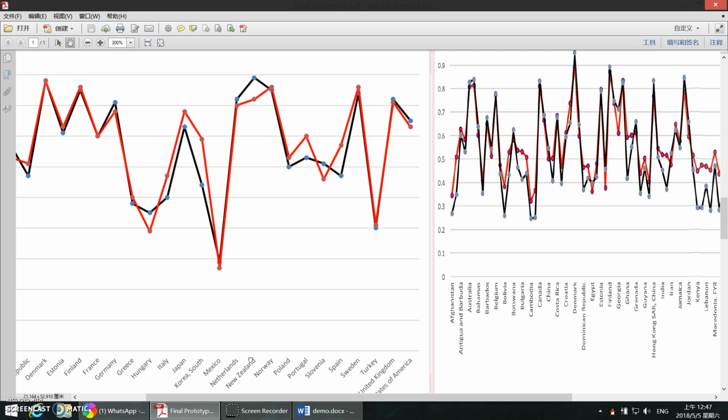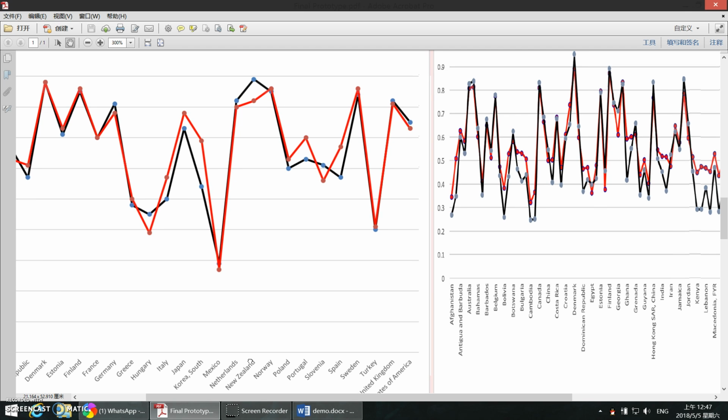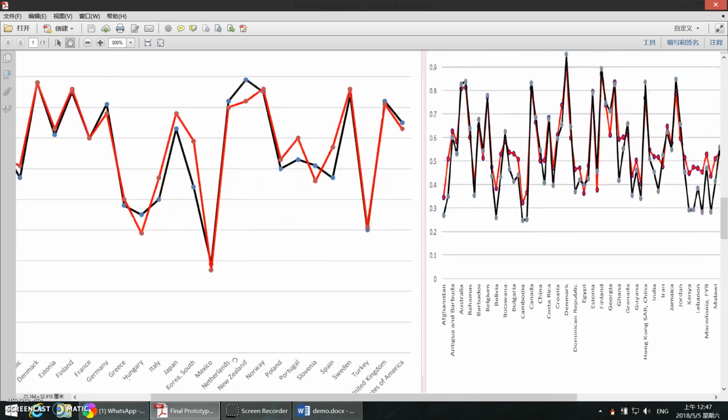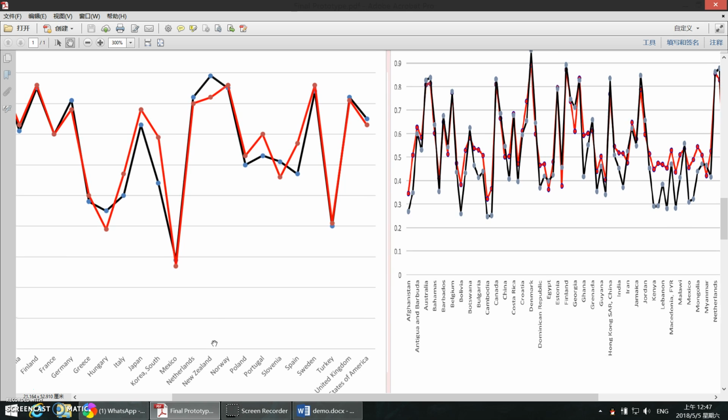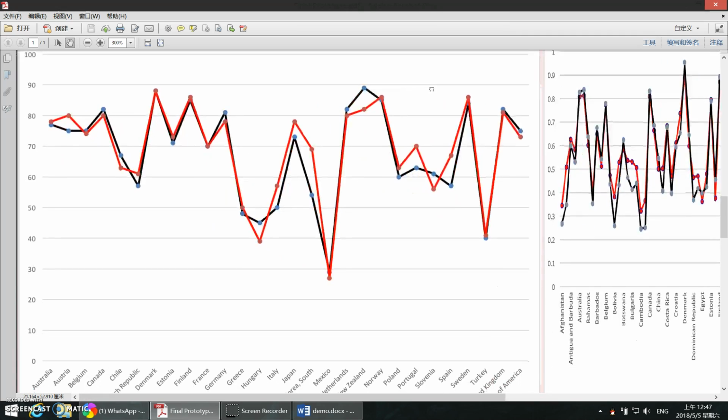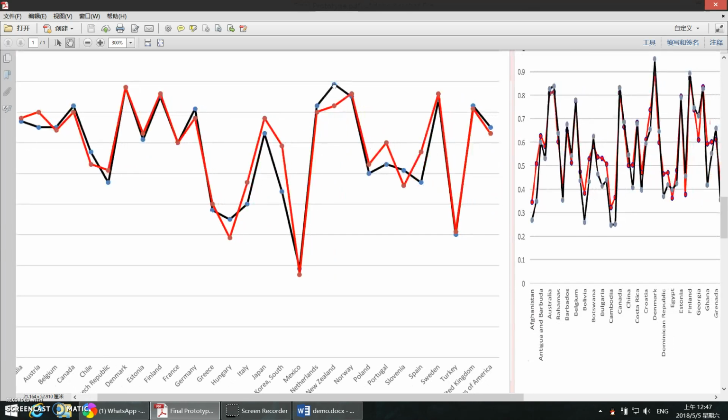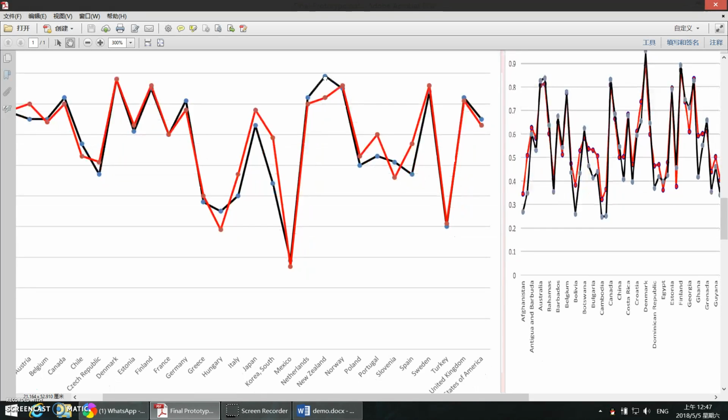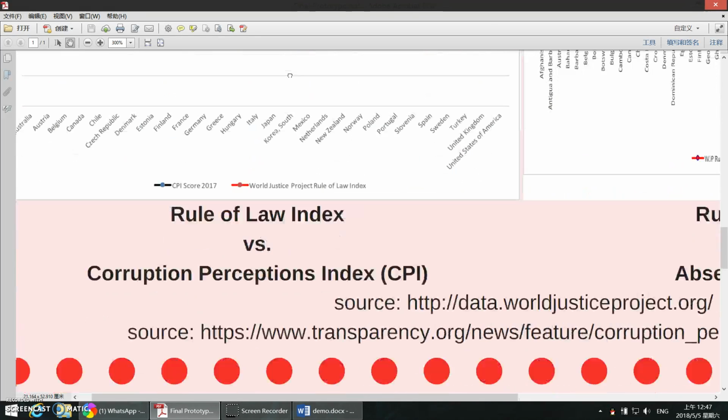Okay, so New Zealand, as you can see on the graph, has a very high rule of law index compared to other countries. It has almost a 90 for the rule of law index, and it also has the CPI index, which stands for corruption perception index.